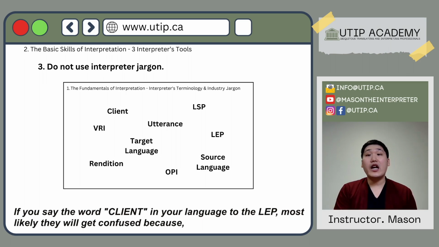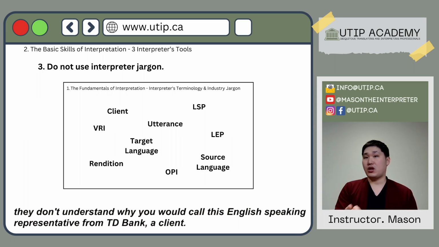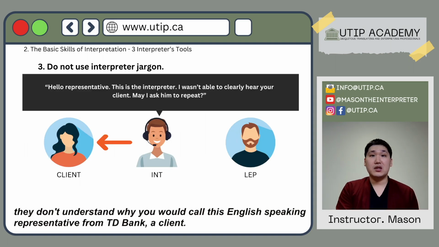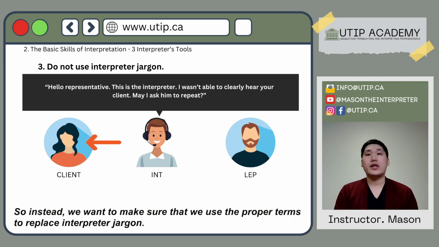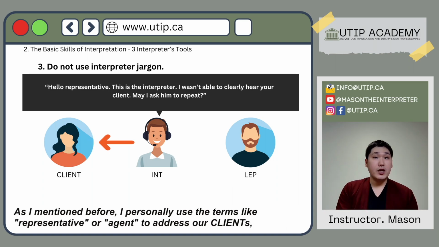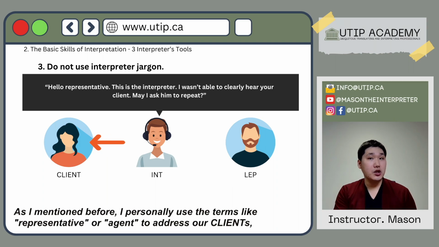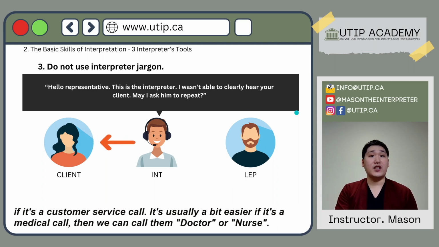If you say the word client in your language to the LEP, most likely they will get confused because they don't understand why you would call this English speaking representative from TD Bank a client. So instead, we want to make sure that we use the proper terms to replace interpreter jargon. As I mentioned before, I personally use the terms like representative or agent to address our clients if it is a customer service call. It's usually a bit easier if it is a medical call, then we can call them doctor or nurse.